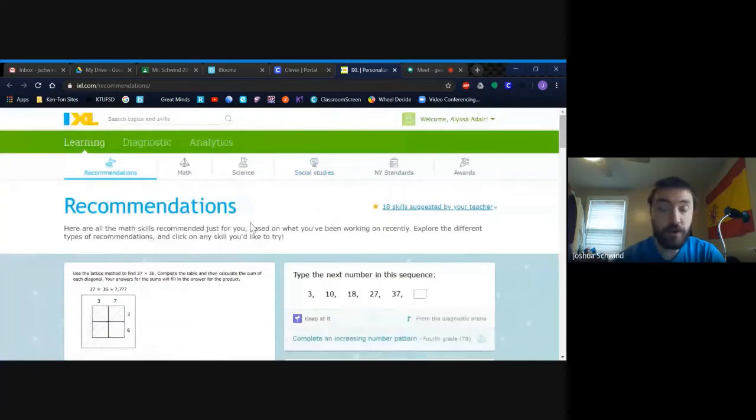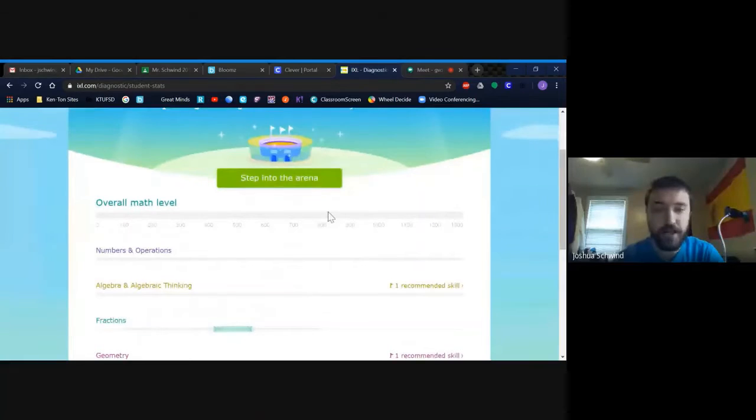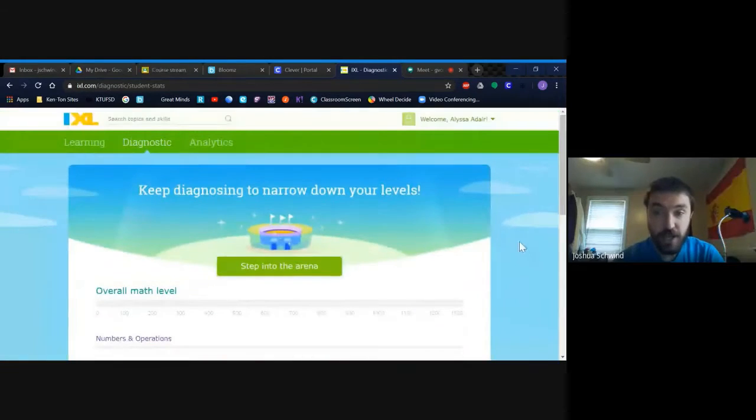Another way for IXL to help you is if on the top here you see this green bar, and there's learning, diagnostic, and analytics. If you click on the diagnostic tab, it takes you to this arena, and it says step into the arena. It's going to ask you a whole bunch of questions to try and figure out where you are as a mathematician and what you need to work on.